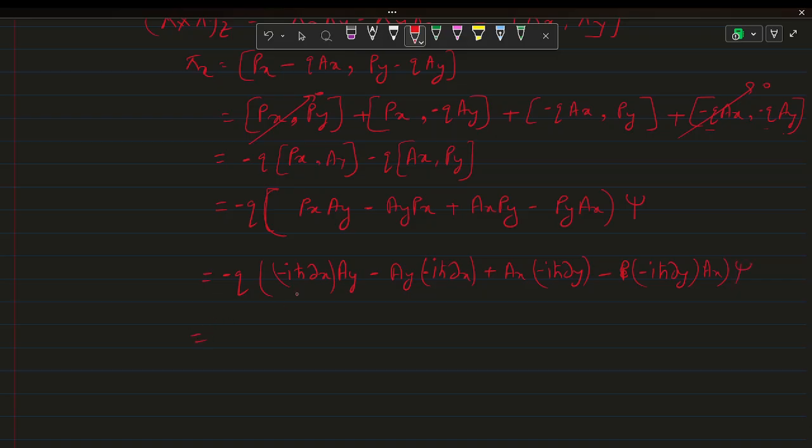Take minus I h cut outside. So here I q h cut. So we can write del x ay psi minus ay del x psi plus ax del y psi minus del y ax psi.